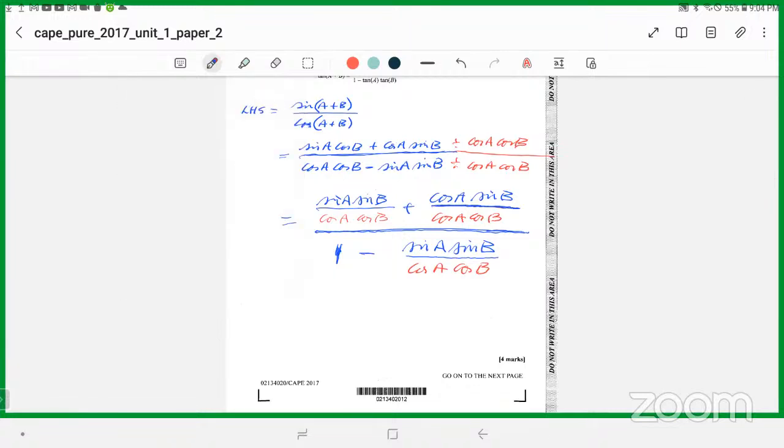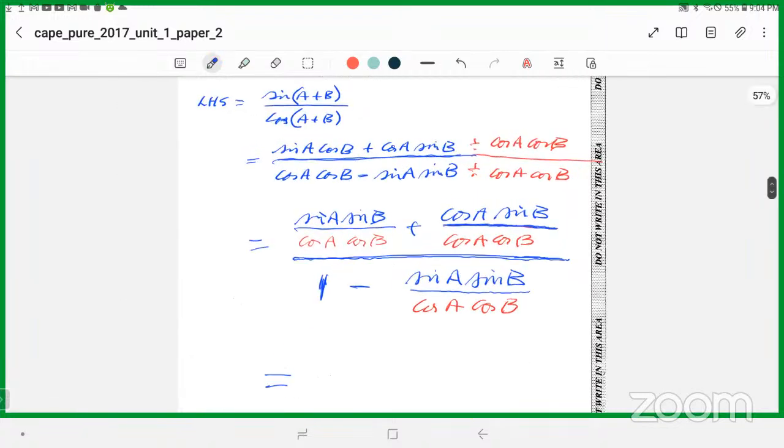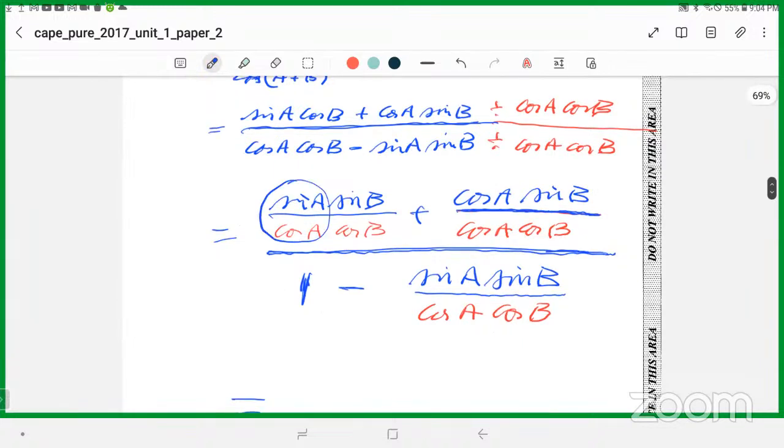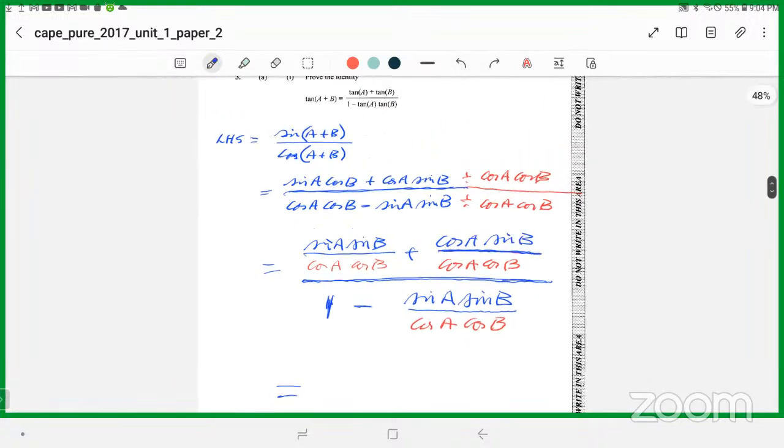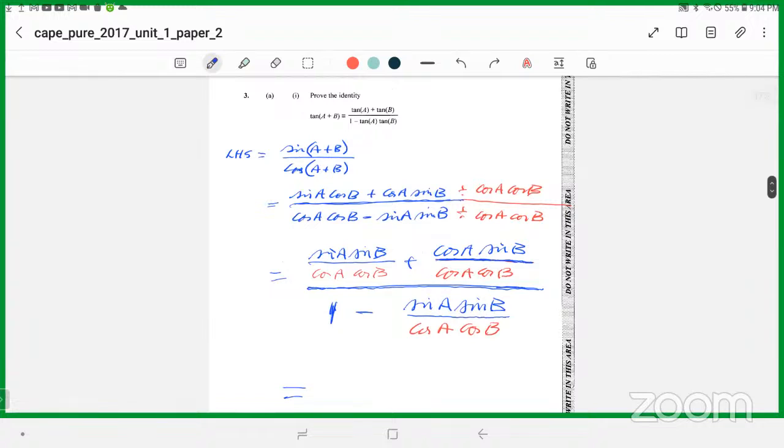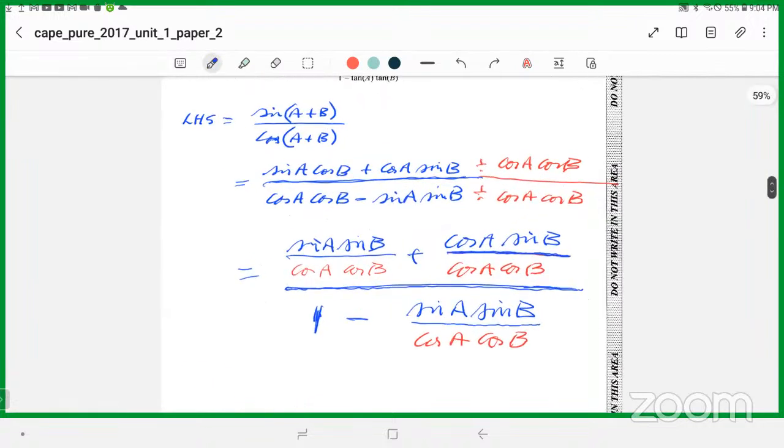Now, sine A over cos A is tan A. What am I supposed to get? I'm supposed to get tan A. I made a mistake here.